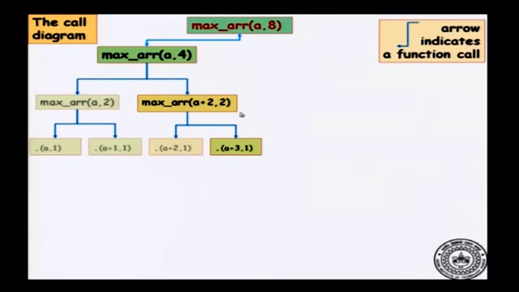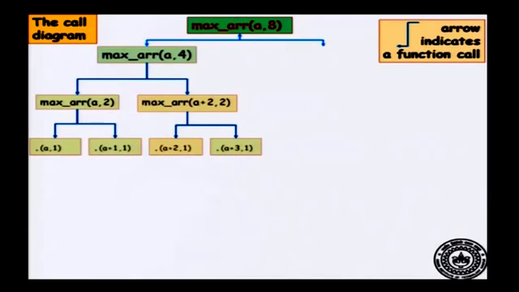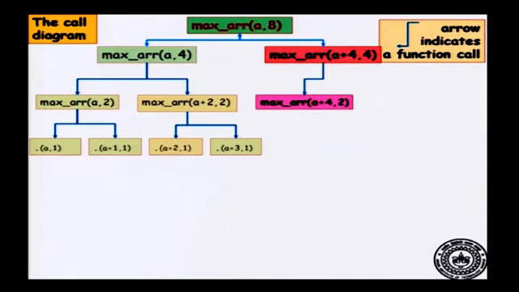Now this function is finished because it has called both its subproblems, and it returns. After this function is done, you will eventually unwind all the way back up to the top, and now you are ready to call the second subproblem of max array a comma 8, which is max array a plus 4 comma 4. And you do it similarly.